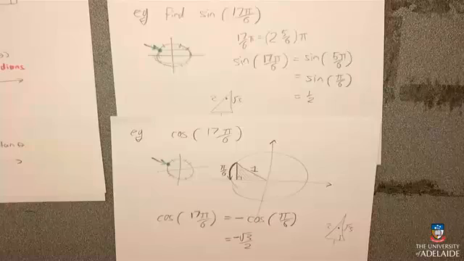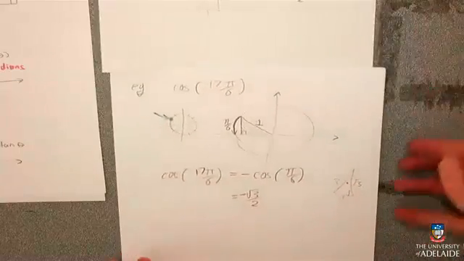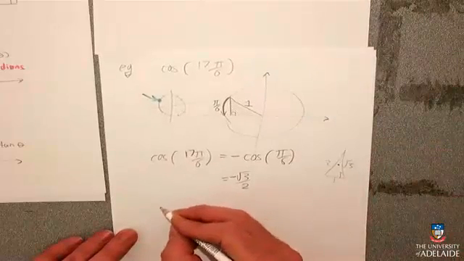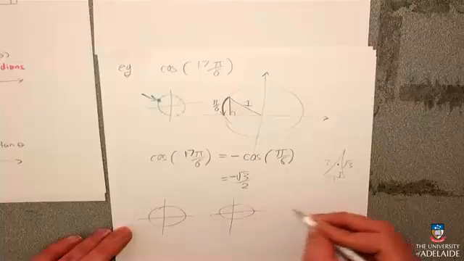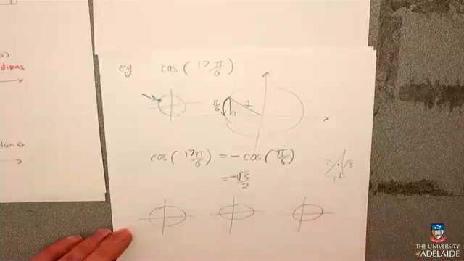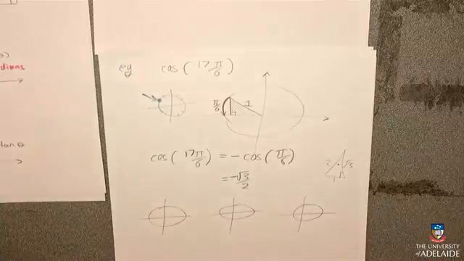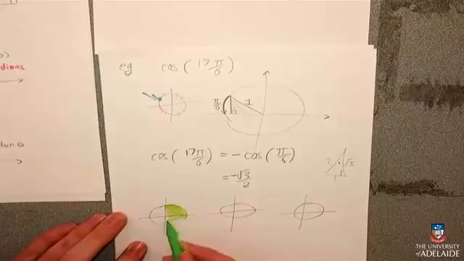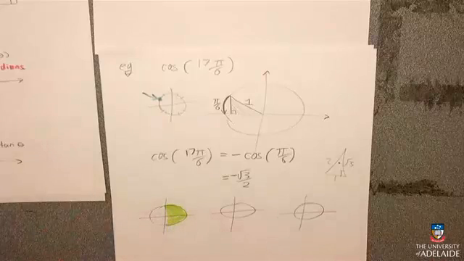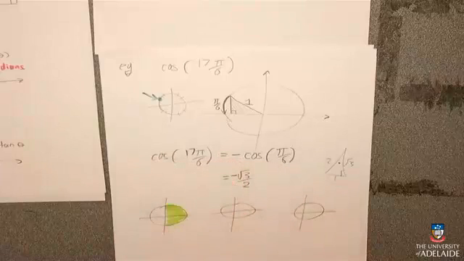Cool. So I'm going to draw some pictures that go with my thinking about this. Cos is positive over here, because that's where the x-axis has positive numbers, and that's where cos is going to be positive.